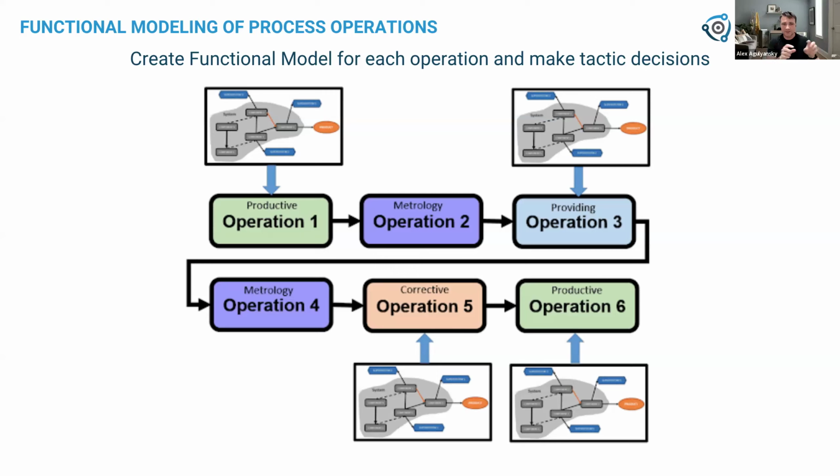So if you think about it, the process functional model is more strategic, and the functional model, or we call it officially the system functional model, when you analyze each and every operation, this is more tactical, how you actually are going to achieve what you want to achieve.